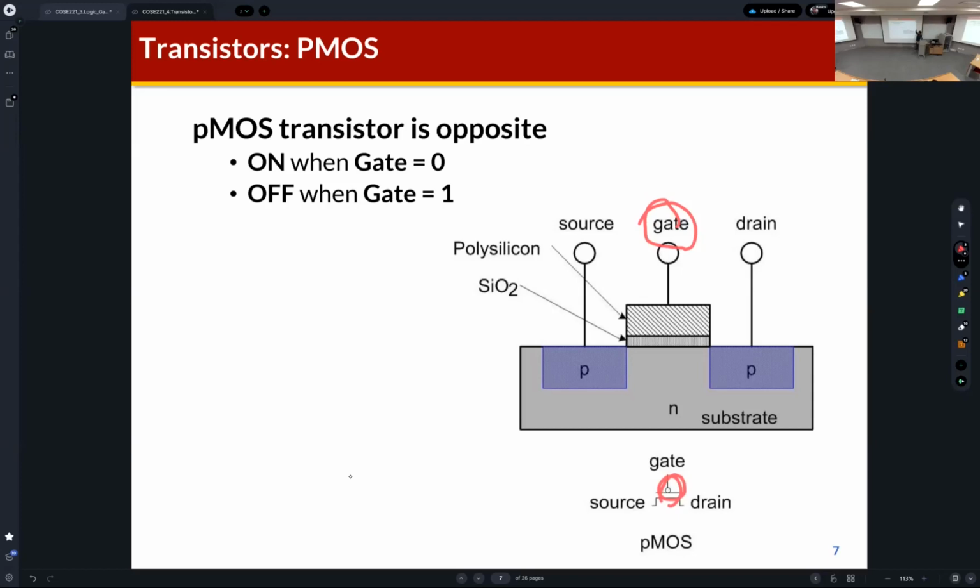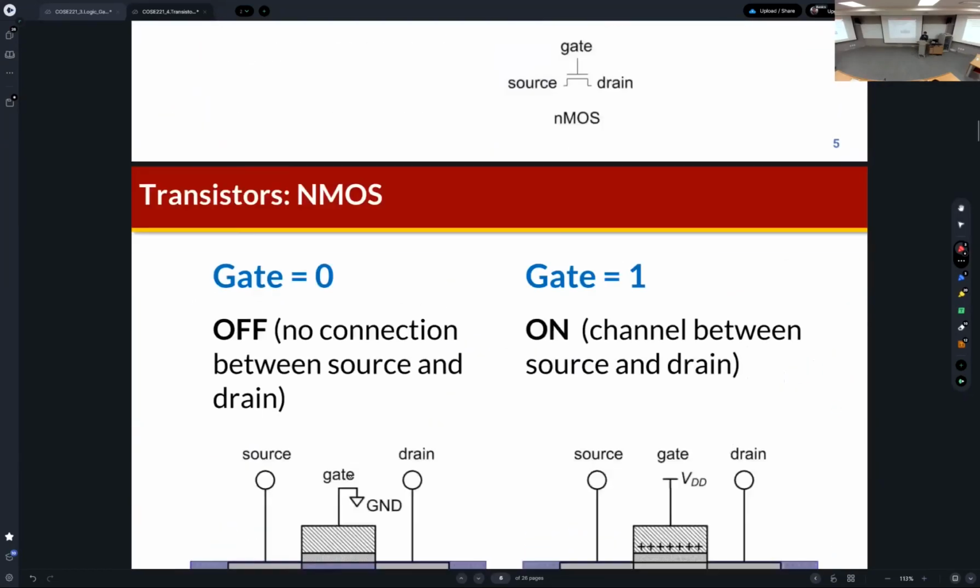So if 0 is given to the gate in the digital level, then the PMOS transistor is turned on. On the other hand, if 1 is given to the gate node, then the PMOS transistor is turned off. So this is different.